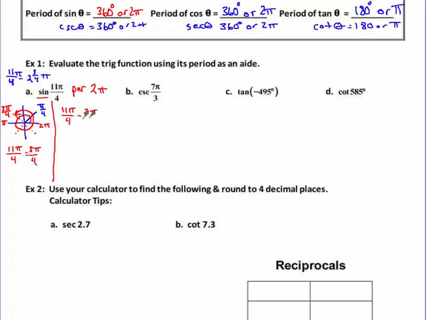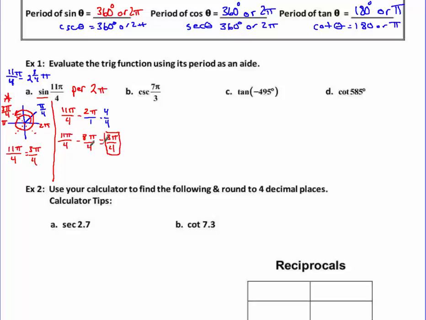So 11 pi over 4 minus 2 pi. To do that, we need to think of this as 2 pi over 1, and we want a common denominator. So this is really 11 pi over 4 minus 8 pi over 4. 11 minus 8 is 3 pi over 4. So that's where we get this 3 pi over 4.